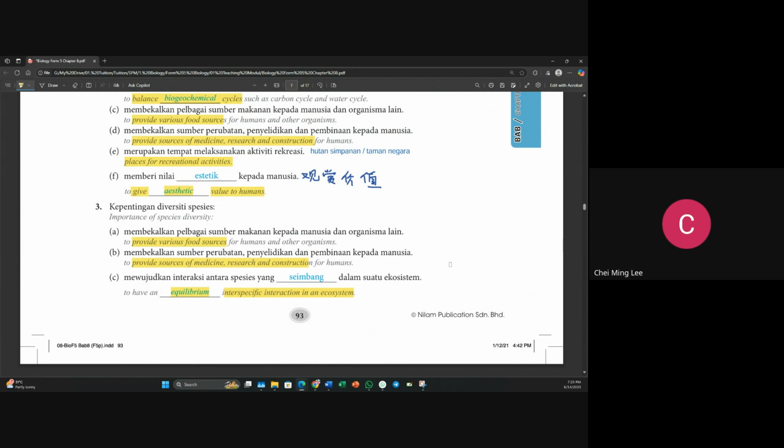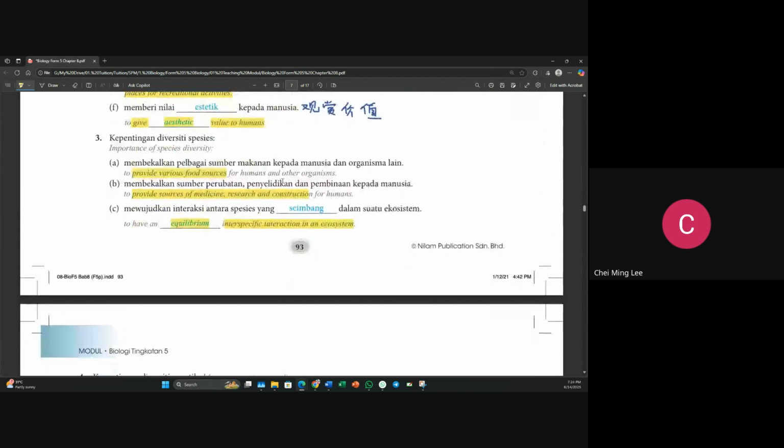Interspecies interaction means predator and prey, parasite, and mutualism. These are the relations, so that the equilibrium means that the food generated can be finished or almost finished by the predator.